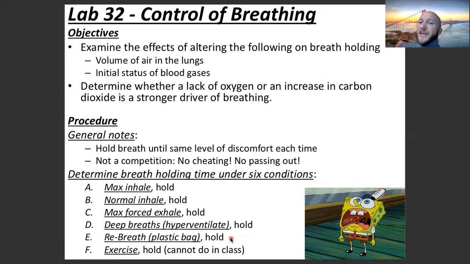With rebreathing, we're going to take a plastic bag, put it just over our mouths, not over our nose and mouth, over just our mouths, and we're going to take 3 to 5 breaths in and out into the bag, so that we are re-inhaling some of the air that we exhale. And then we're going to exercise for 1 minute to 2 minutes, enough to get your heart rate up a little bit, and then see how long we can hold our breaths.